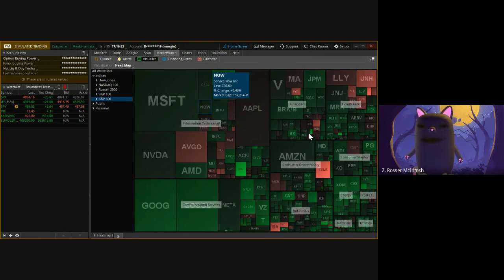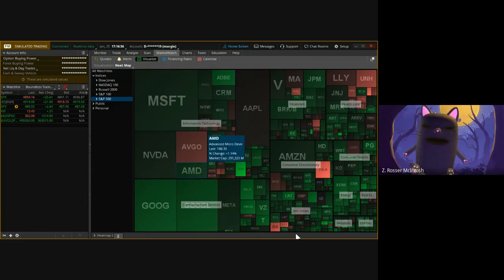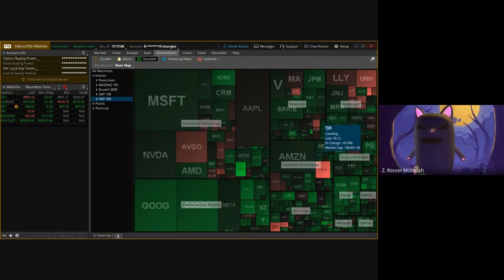Microsoft is solid. Amazon is solid. Costco is solid. These are all companies that are not going anywhere. Home Depot is fantastic. Where's that? HD next to Amazon, consumer discretionary. Oh, there it is. Home Depot, that's a super solid company. That's not going anywhere. I think a lot of it is just common sense.